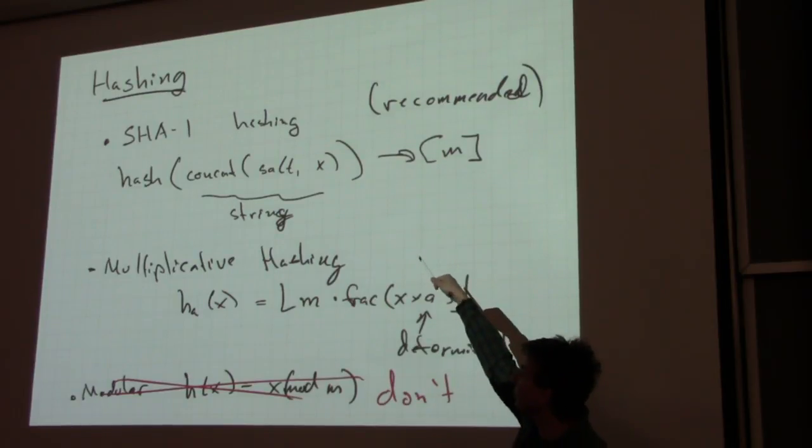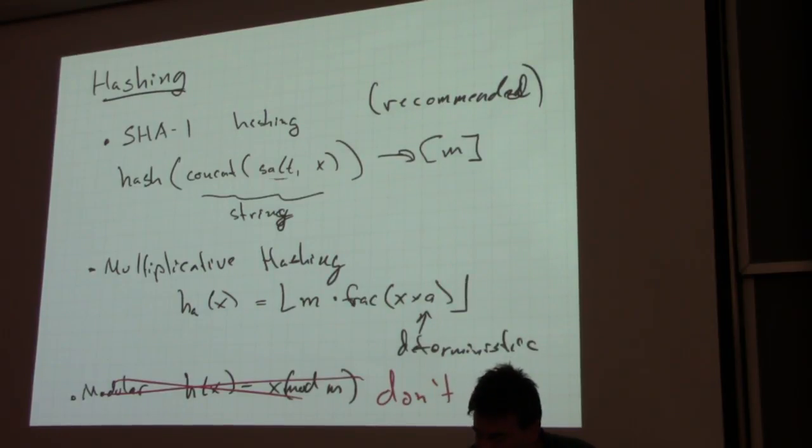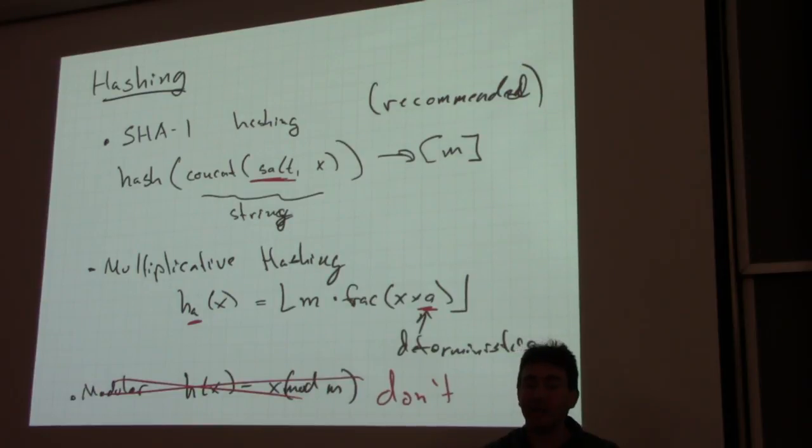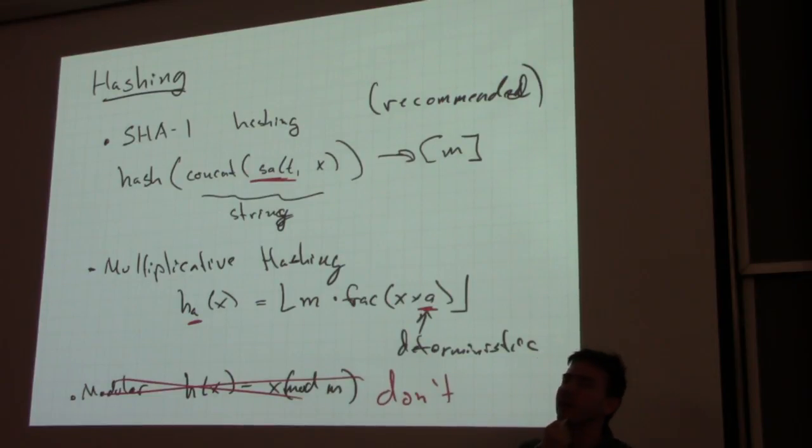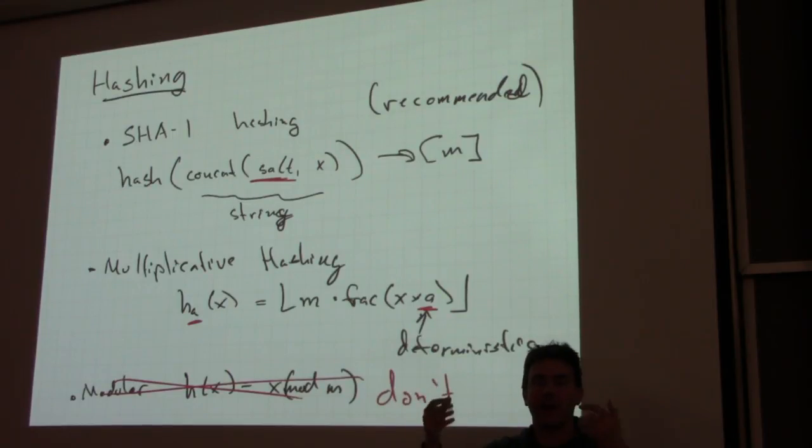Whereas with SHA-1, if you don't use a salt, if you don't put something in here that defines the hash, which plays the same role as this A here, bad things might happen. One of the classic built-in hash functions, I think for Python, as Vivek was telling me, the words can and, or two very common words, end up hashing to the same output if you don't use a salt.